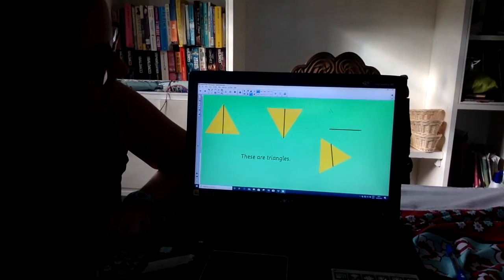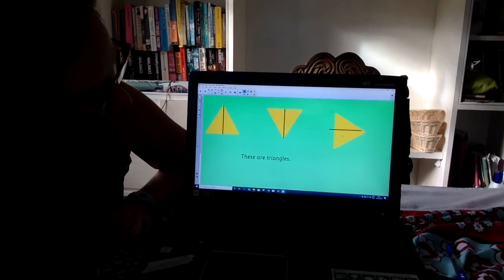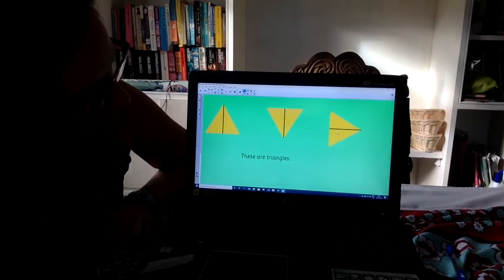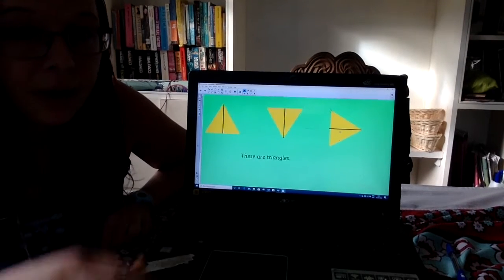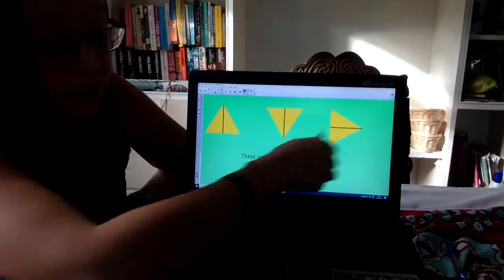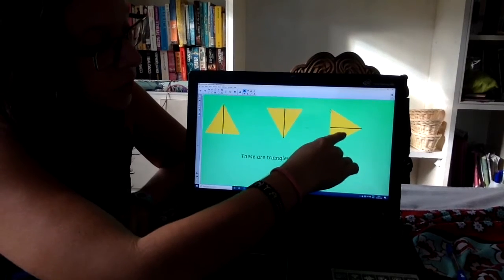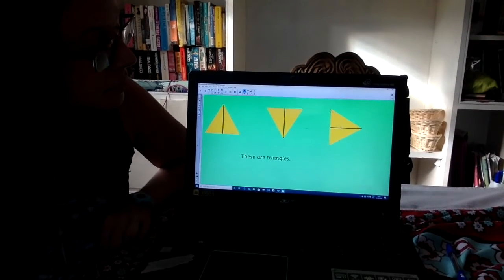They are not equal. So we'll delete that and go back to our nice equal half triangles that make a whole triangle.